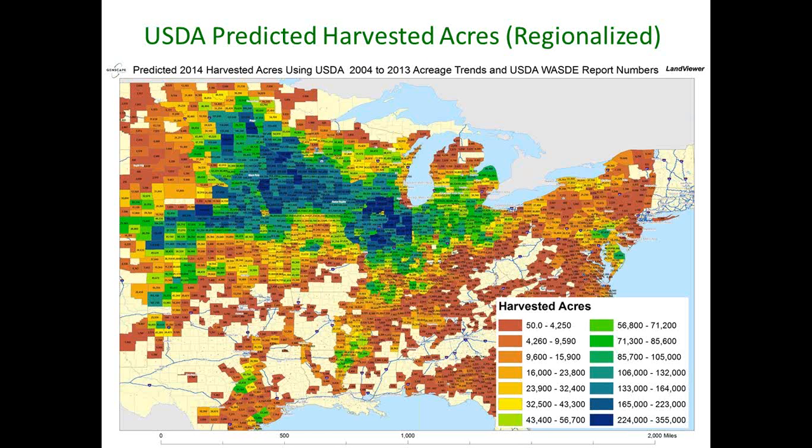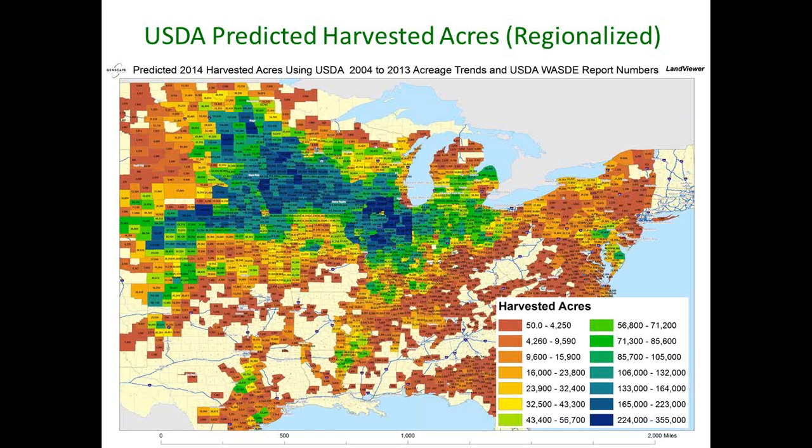Here's an example of something else we did for our clients earlier in the year, not having any data sets of our own, but having the USDA data available to us. We looked at historical yields, historical planted to harvested acres, because we're trying to look at how many acres are harvested versus how many are planted.